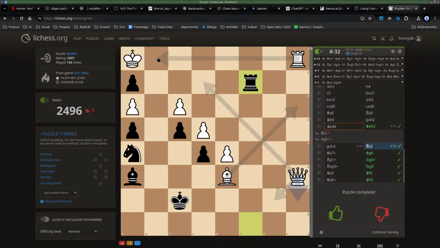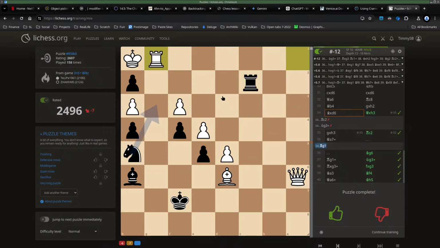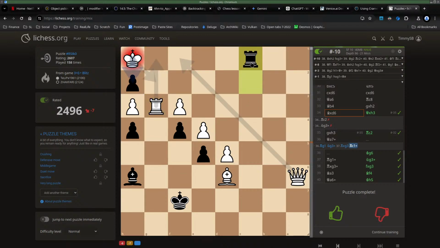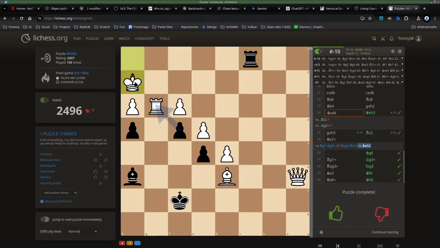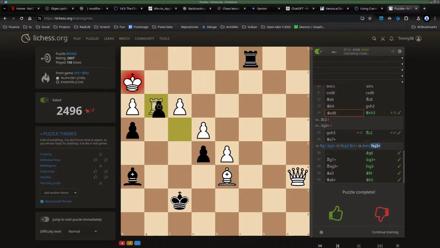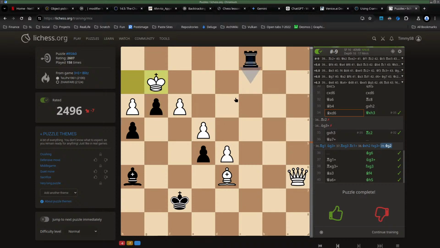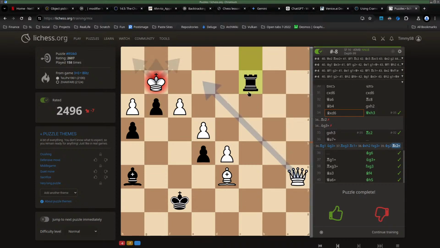How on earth is, I mean, I stopped thinking at this move because I thought, well, how are you gonna win that? And that's mate in 9.